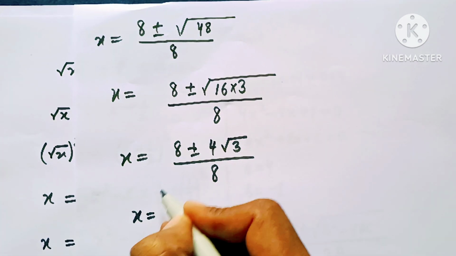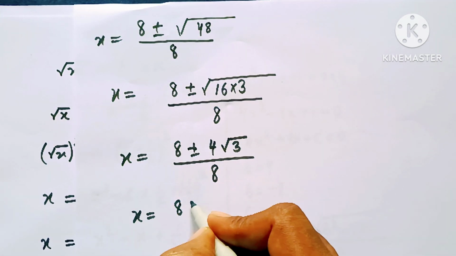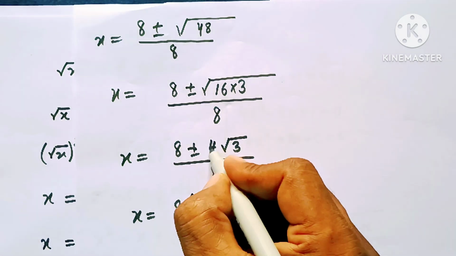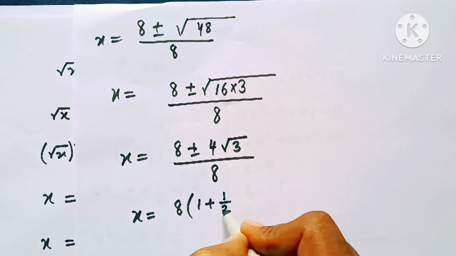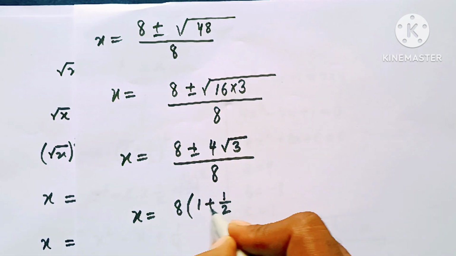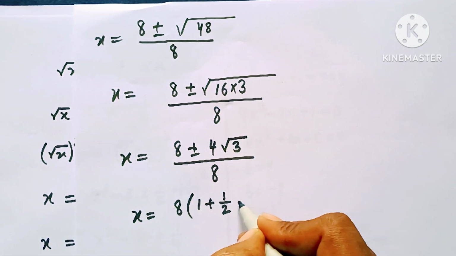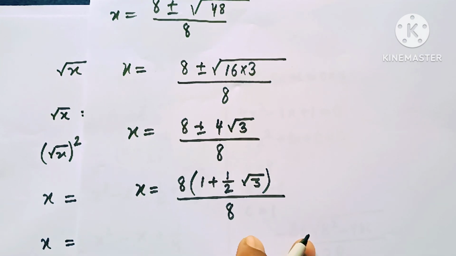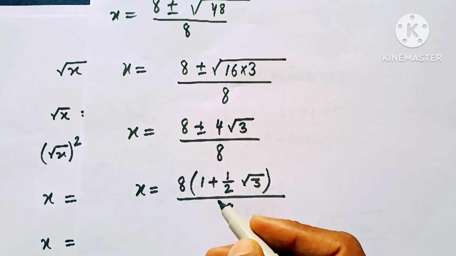So we have x equal to 8. Taking it common, I write 1 plus minus 1 by 2, so that it becomes 4 after multiplying, and here root 3, and this divided by 8. So this is going to be cancelled.